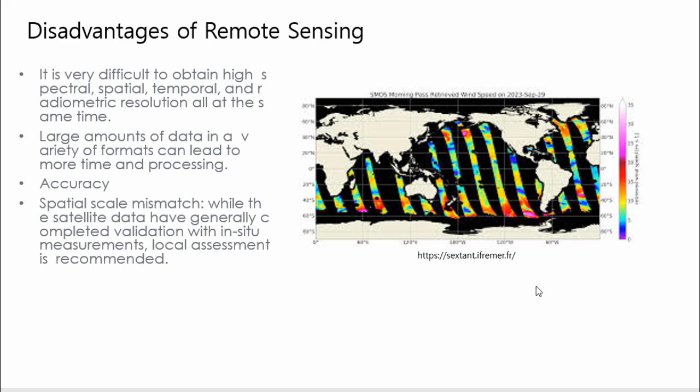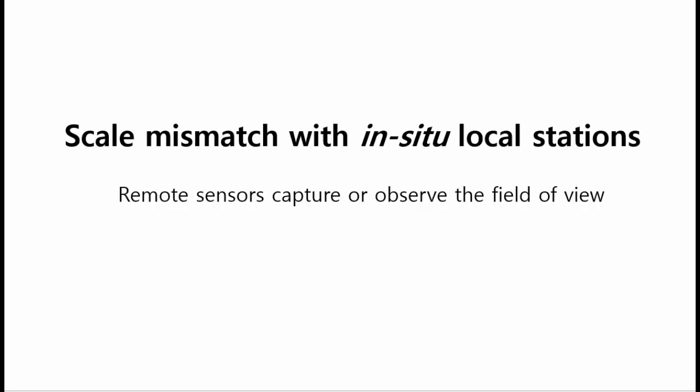Their spatial representativeness is very different, so they don't necessarily need to be the same, but comparison is still recommended and important to validate our product. So we need direct measurement observations for that scale.